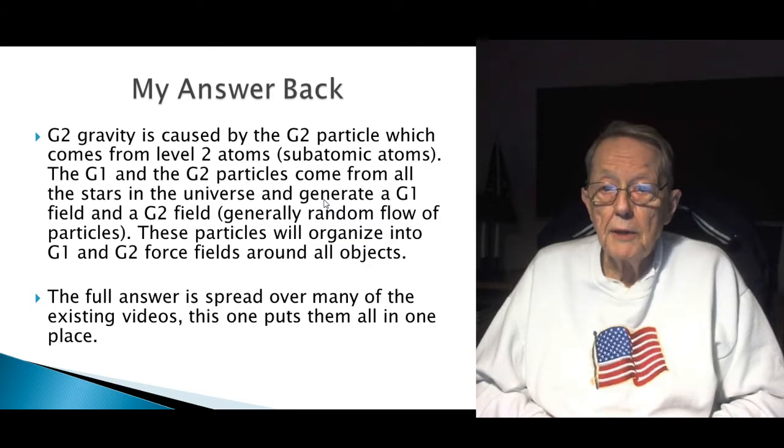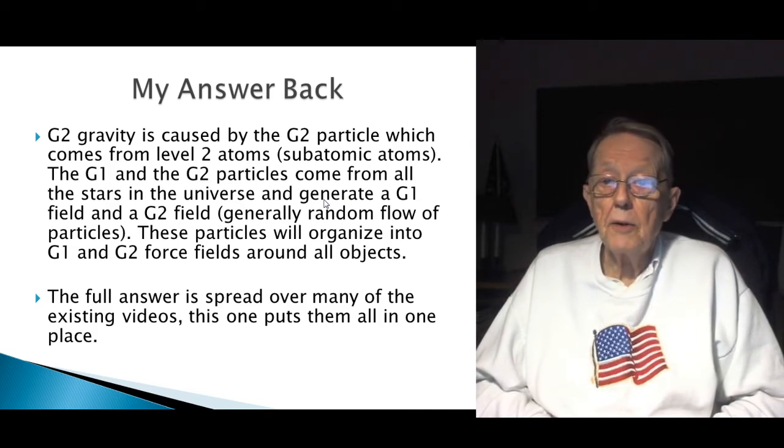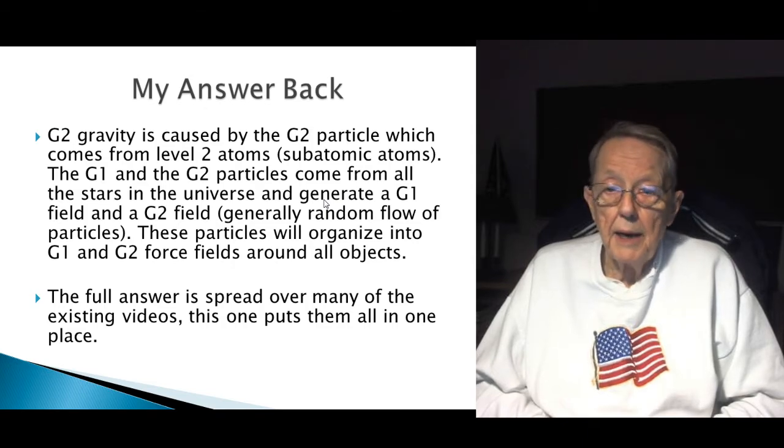Those are subatomic atoms. These are smaller atoms than the atoms on our periodic table. There's a whole other discussion about why I think they're subatomic atoms, but anyway, we move on. The G1 and the G2 particles come from all the stars in the universe and generate a G1 field and a G2 field.